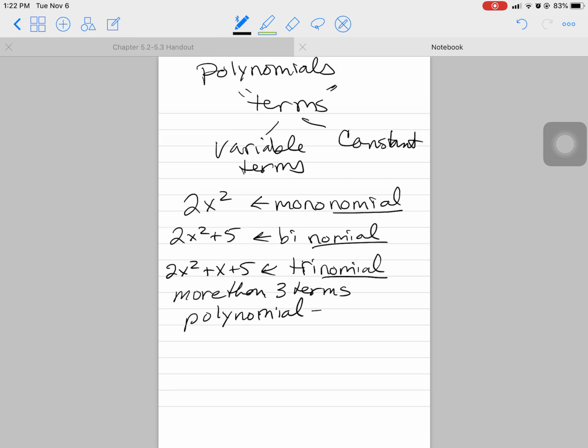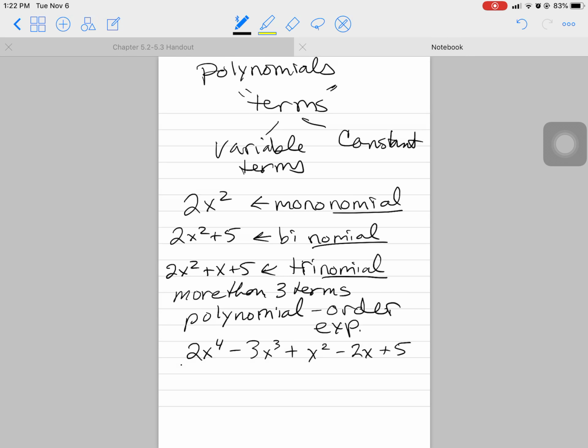And try to make sure you order them exponentially. So if you have 2x to the 4th minus 3x to the 3rd plus x squared minus 2x plus 5, that would be considered ordered.